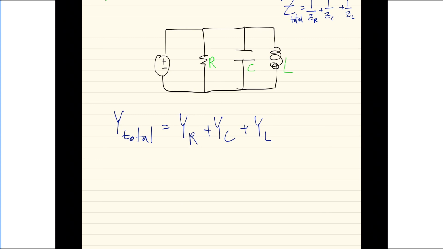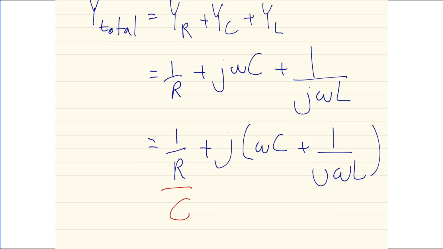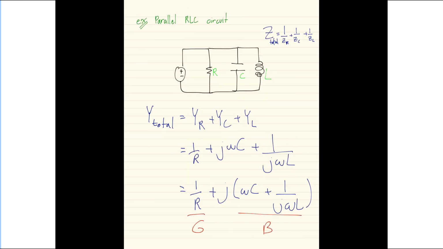The admittance of R is 1 over R. The admittance of the capacitor is j omega C, and the admittance of the inductor is equal to 1 over j omega L. And we need to bring the j together to see the complex quantity of it, and we will see that 1 over R will equal G, that is conductance, and omega C minus 1 over omega L will stand for B, that is susceptance.